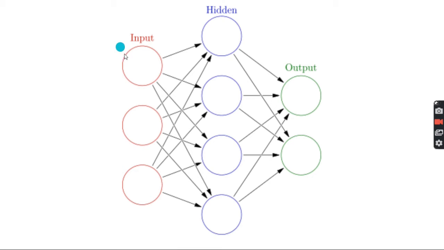In the input layer, you give in, say, X training or test data, which is going to be transferred into the hidden layer or multiple hidden layers, which are going to use several hyperparameters.